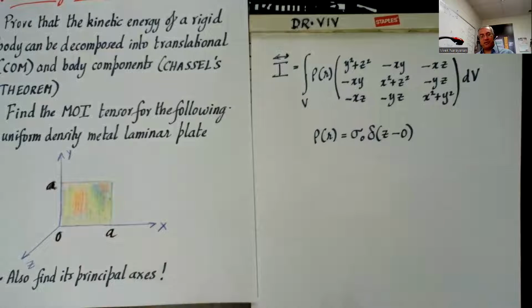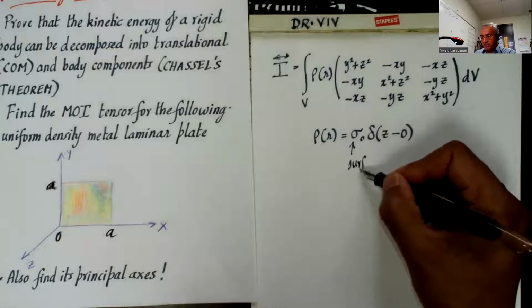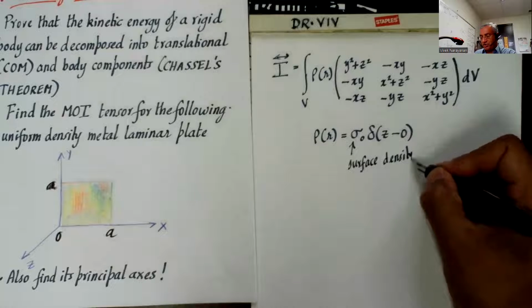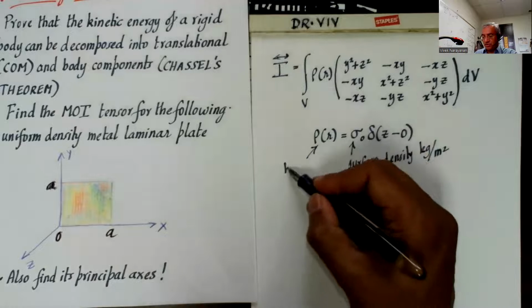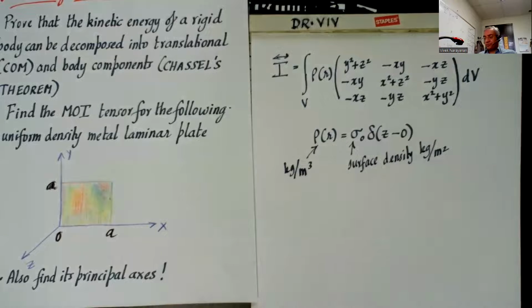So the delta function can be thought of as an enforcer for the density to go from 3 dimensions to 2 dimensions. This is called the surface density. The surface density is measured in units of kg per square meter, whereas this is measured in kg per cubic meter. If you wish, the delta function does have units, in this case, units of meters.